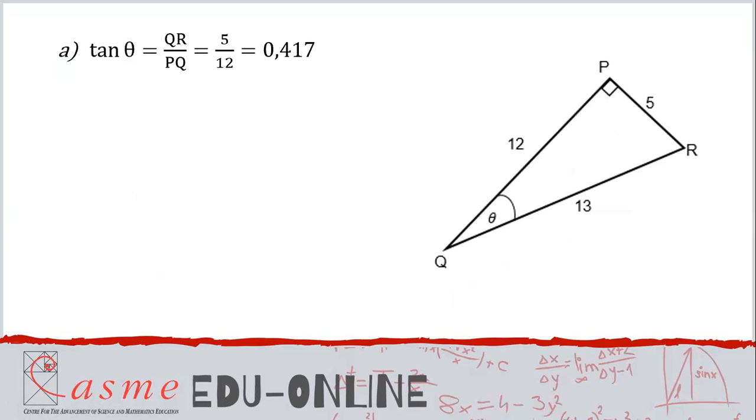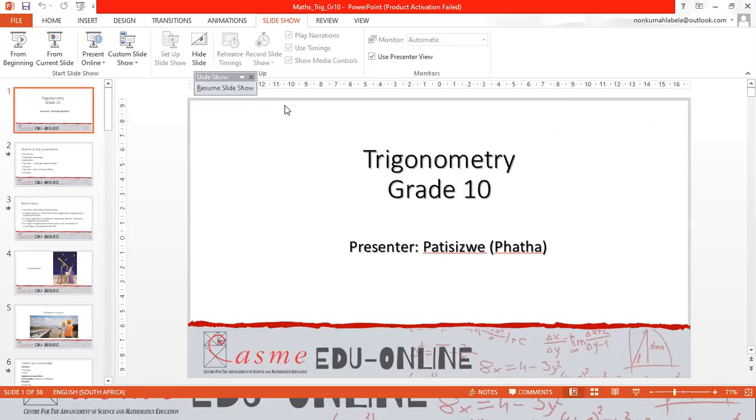From the diagram, the tangent of theta will be the opposite side over the adjacent side, PQ. Expressing it as a ratio, the length of PR is 5 and the length of PQ is 12. And of course, we can express that as a decimal number.